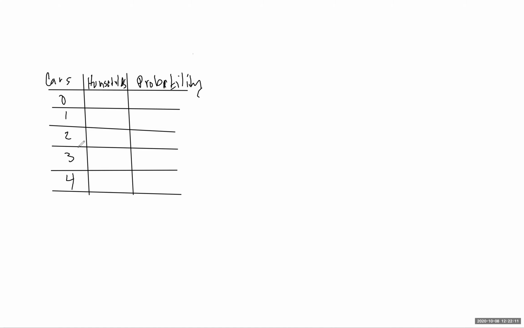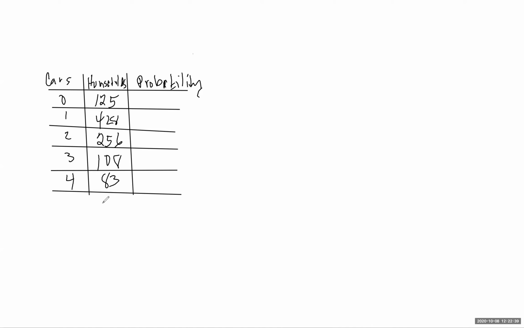And of the 1,000 households, 125 had 0 cars, 428 had 1, 256 had 2, 108 had 3, and 83 had 4. At this point, this is really a frequency distribution, but we can turn it into a probability distribution by calculating the probability for each one of these events.